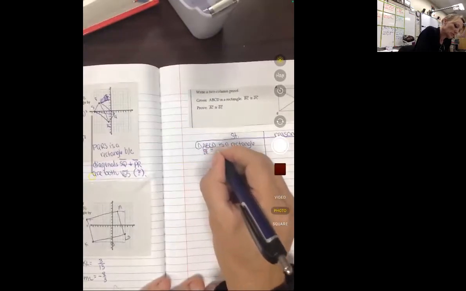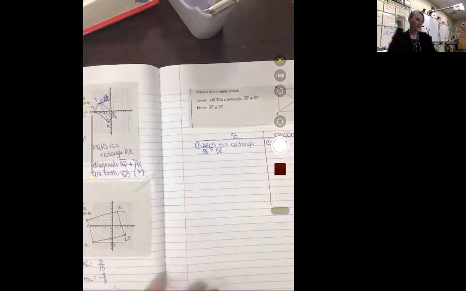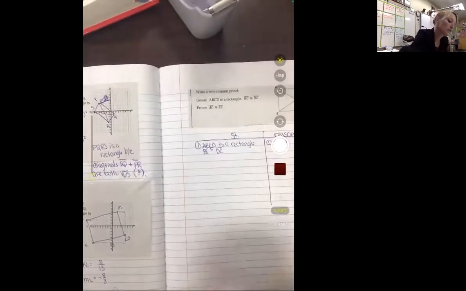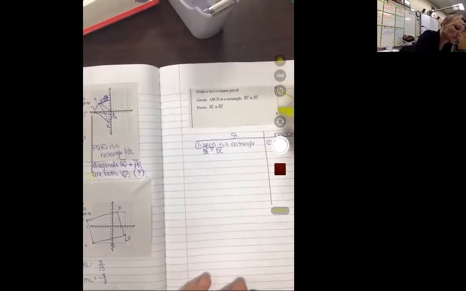BC is congruent to DC. And that is given. And we are trying to prove that AC, so we want to prove that this guy is congruent to this guy. That's what we're trying to prove.